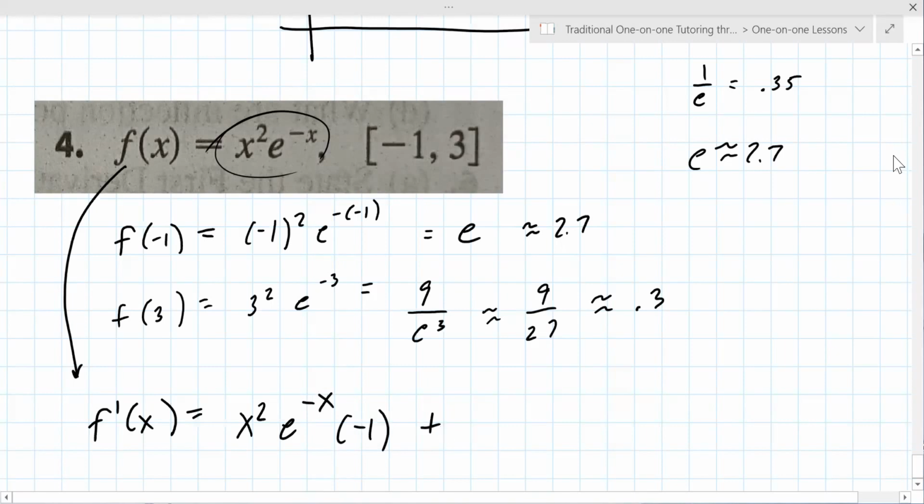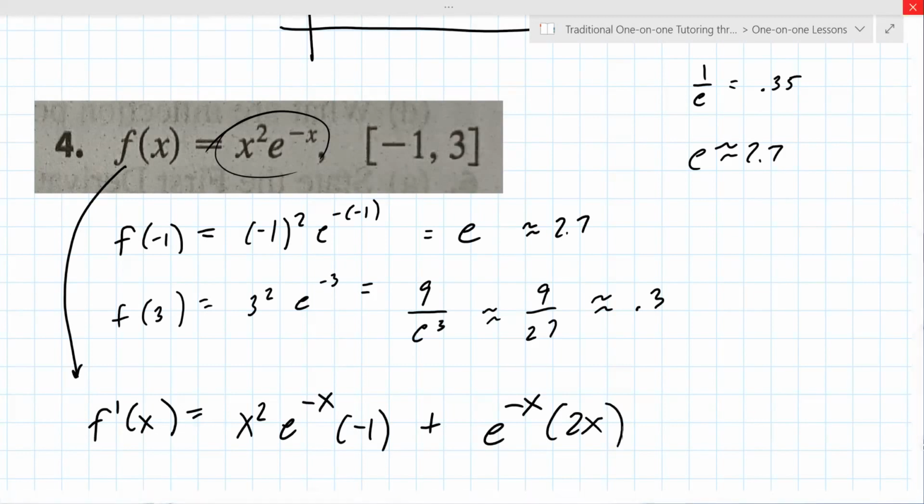Plus e to the minus x times the derivative of the first, which is 2x. All right, is that okay? Is that clear? Yep. Just set all that equal to 0.